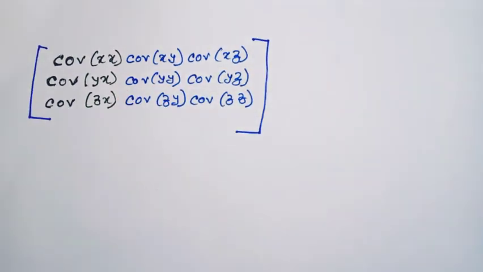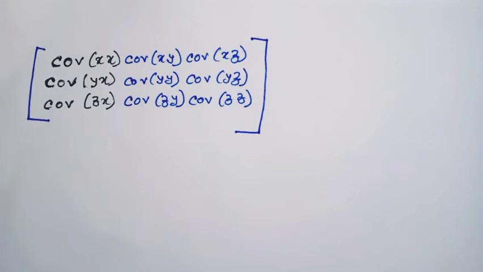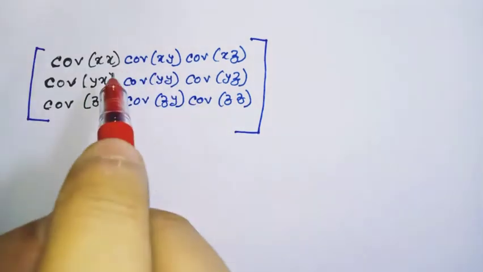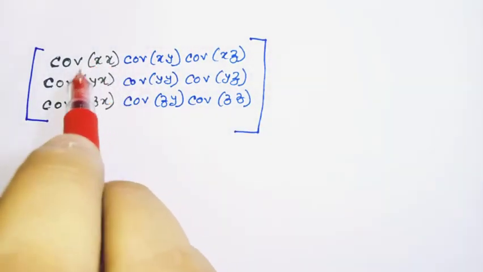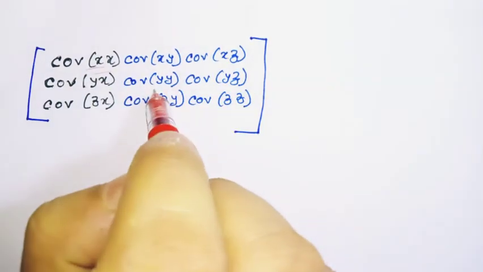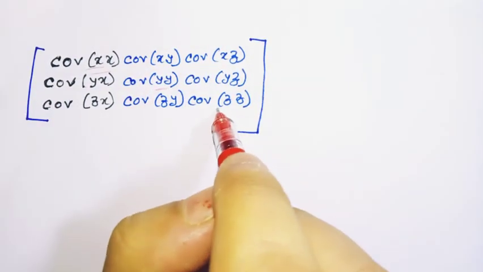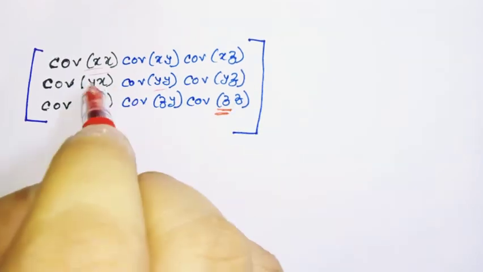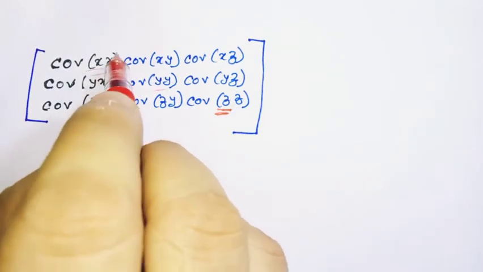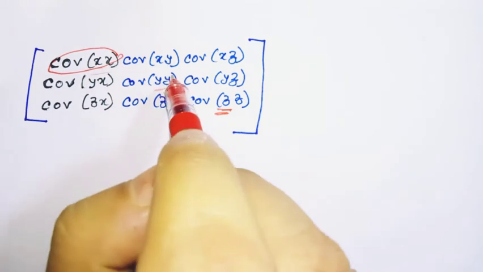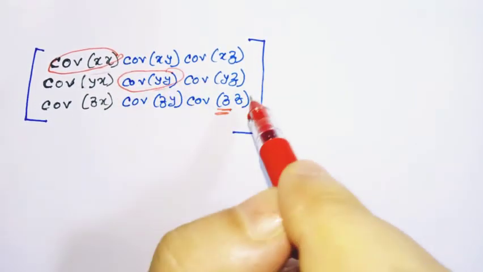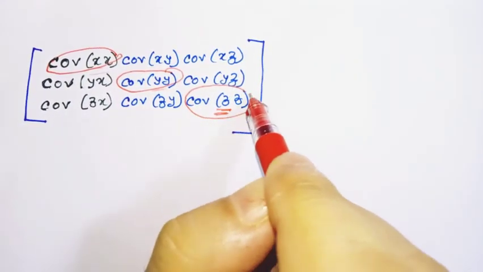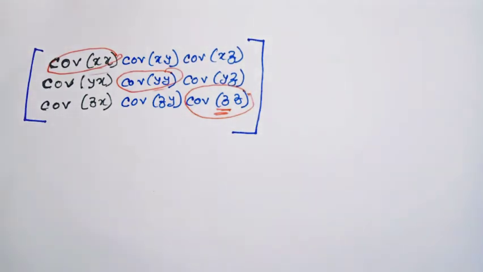Just note what is happening in this 3 by 3 matrix: the variance calculation is this part, and this part, and this diagonal.